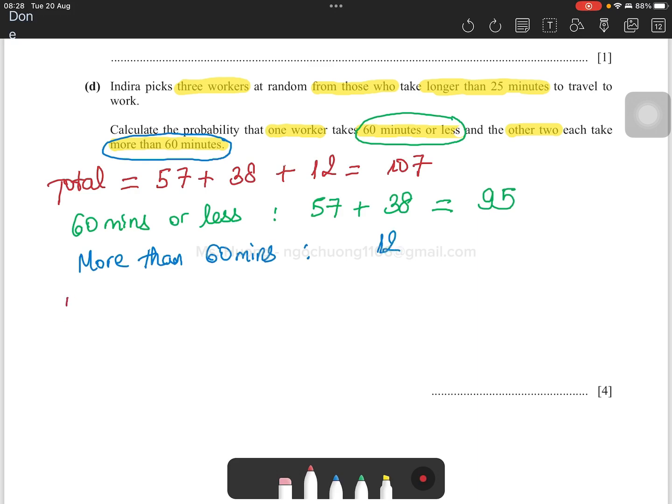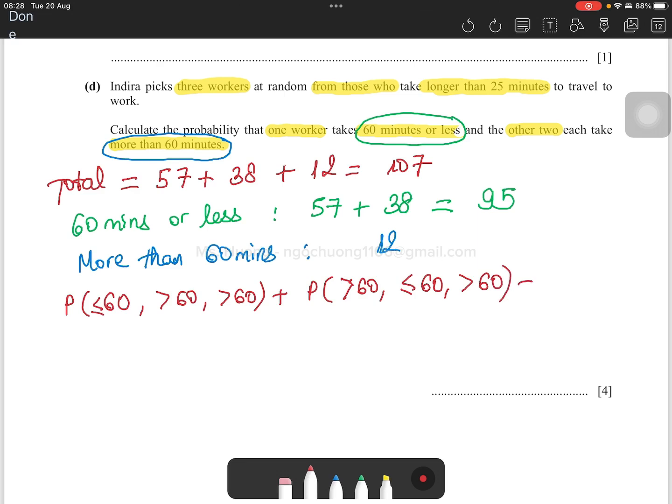So to find the probability of this, maybe the first worker takes 60 minutes or less, and the other two workers take more than 60 minutes. Or maybe the first worker takes more than 60 minutes, the second worker 60 minutes or less, and the last worker takes more than 60 minutes. Or maybe the first two workers take more than 60 minutes, and the last worker takes 60 minutes or less.